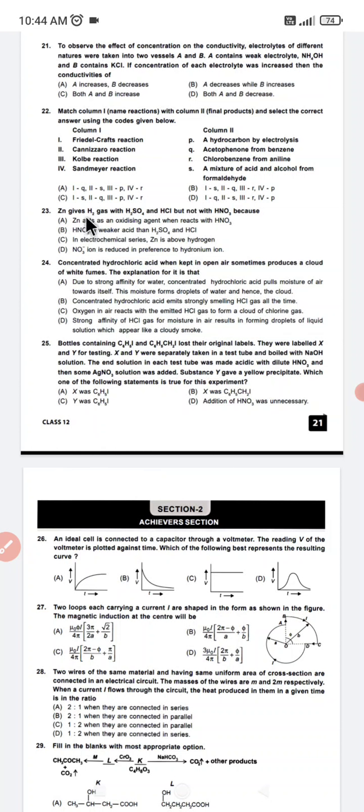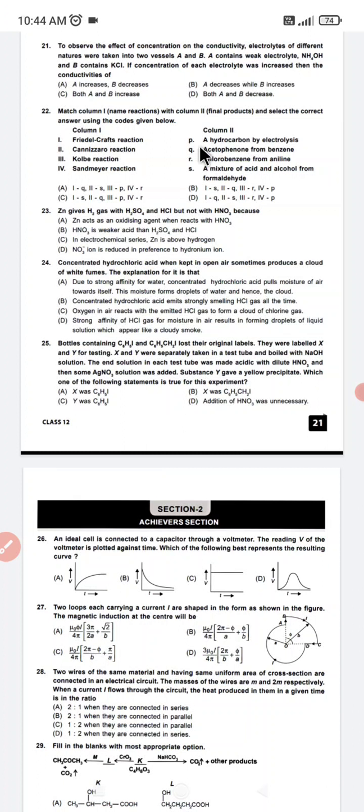After that, children, we have the next question, question 22. Here you have to match the following. In the first column we have the names of certain reactions, and in the second column we have the final product. The reactions are Friedel-Crafts reaction, Cannizzaro's reaction, Kolbe reaction, and Sandmeyer reaction.